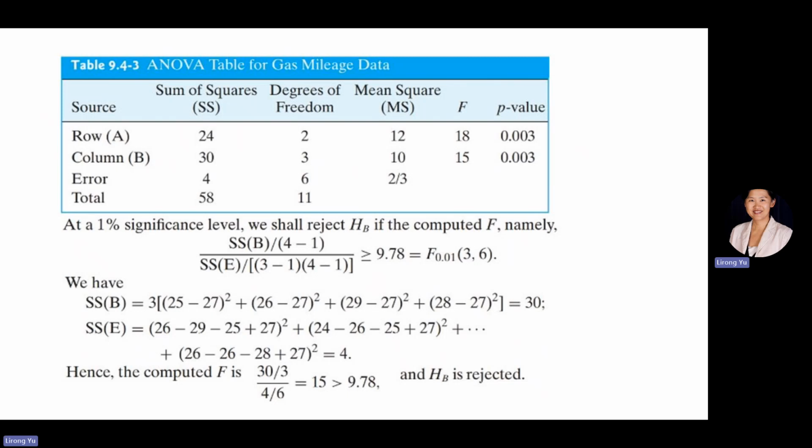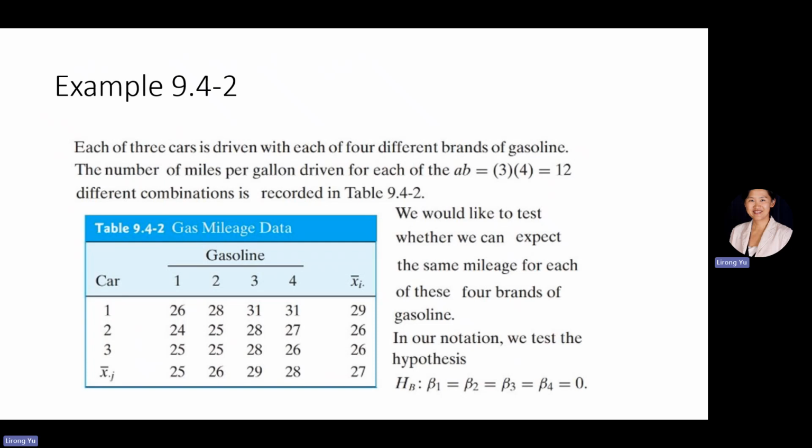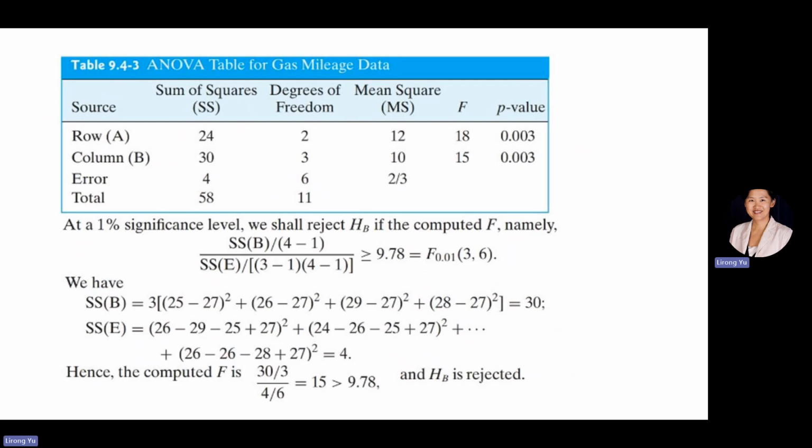All right, so for the SSB, we want to calculate the variation caused by the different gasolines. So you're going to take this minus the total mean, square it and times 3. This minus that mean, and then square and then times 3. So we're really thinking of this as representing the value of each gasoline. We want to see if the gasoline causes any major differences. So you can see that calculation, it's SSB, and we got a 30.